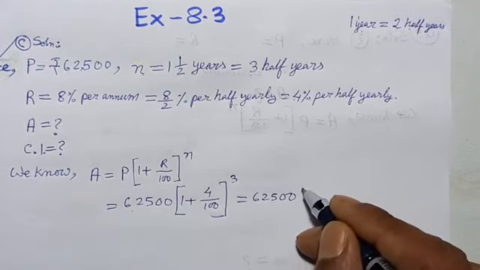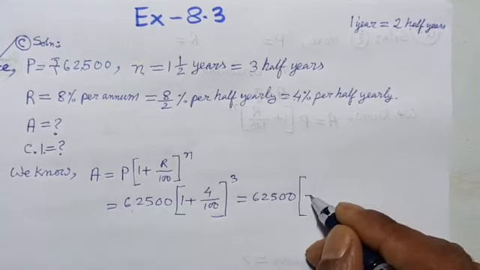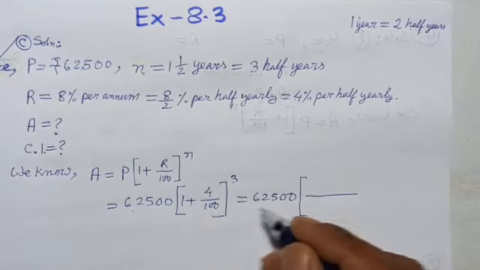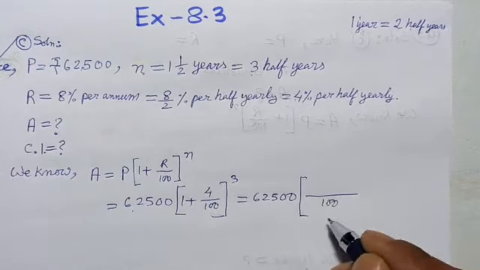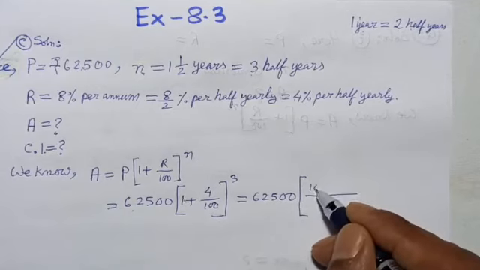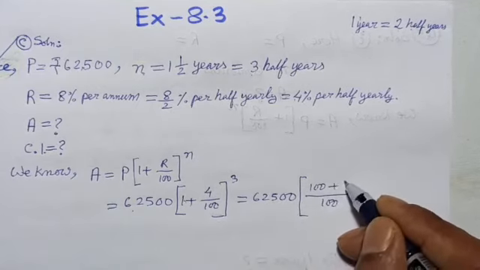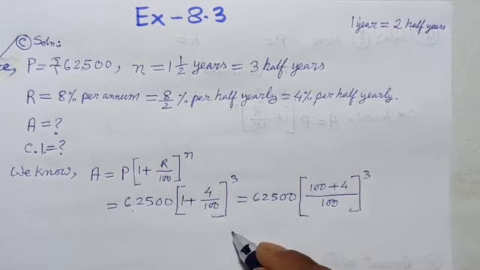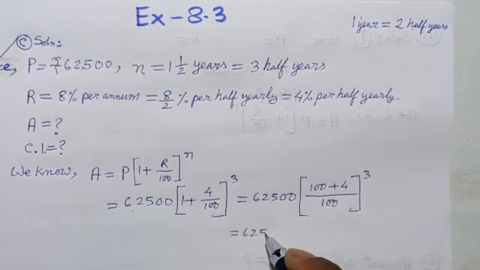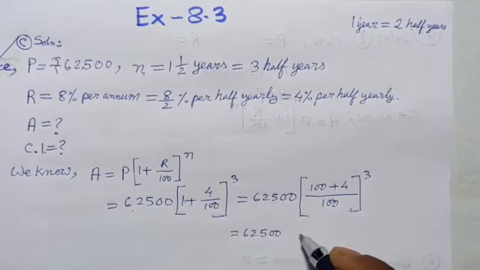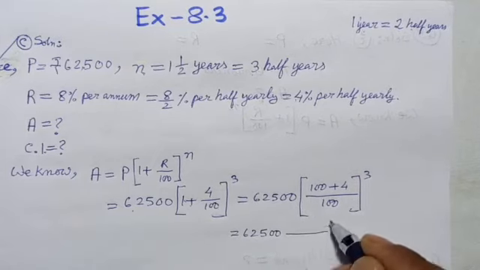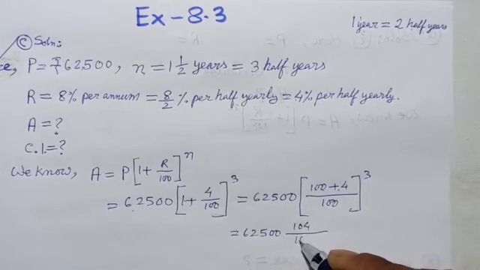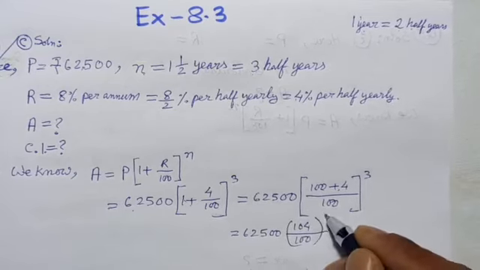62,500, 1 plus 4 by 100, let us add together. 1 into 100 is 100, plus 4, whole to the power 3. 62,500 into 104 by 100, whole to the power 3.